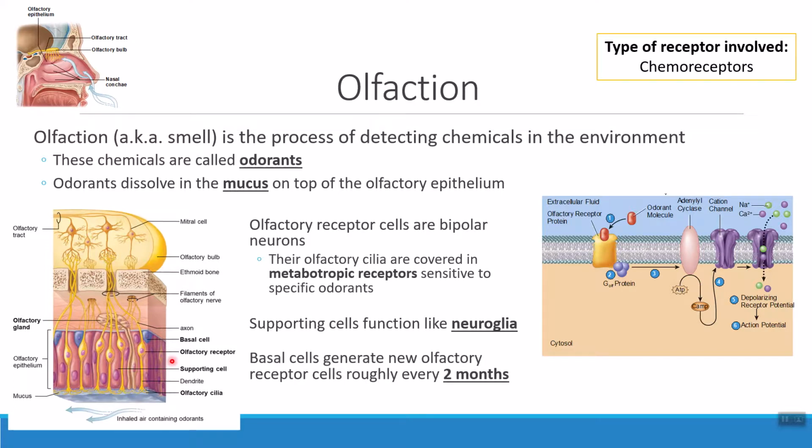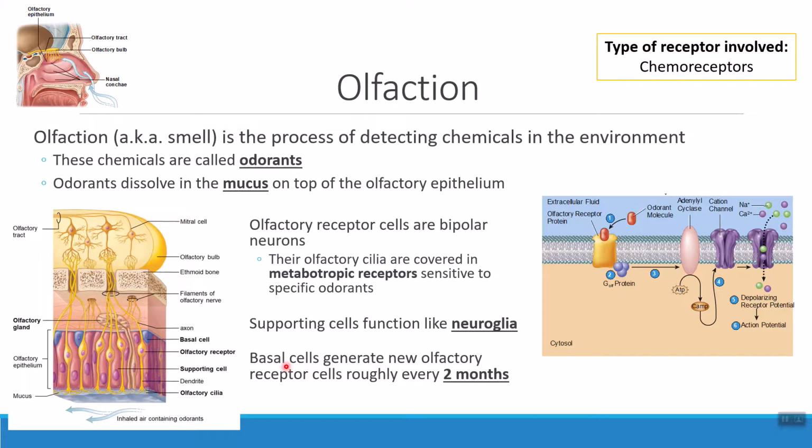We also see basal cells in the olfactory epithelium, and the basal cells are a special kind of cell that are able to differentiate or reproduce into new bipolar neurons. So what this means is about every 2 months, you completely trade out all of your olfactory receptor cells and make new ones with these basal cells.